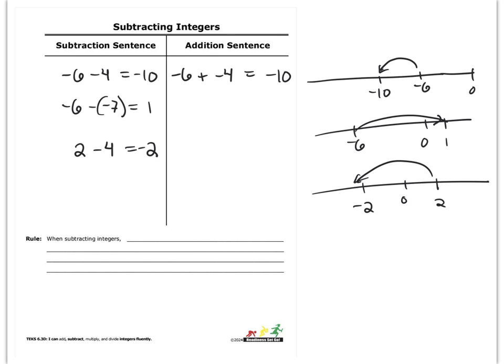A lot of the time when subtracting integers, it's easier to rewrite the problem that you're working with as addition. Let's try it with this next one. -6 minus -7. Well, it can be challenging to think about how to take away a -7, right? How do I take away a negative? And we represented it on the number line here, how we're going from -6 to +1 by making our value less negative.